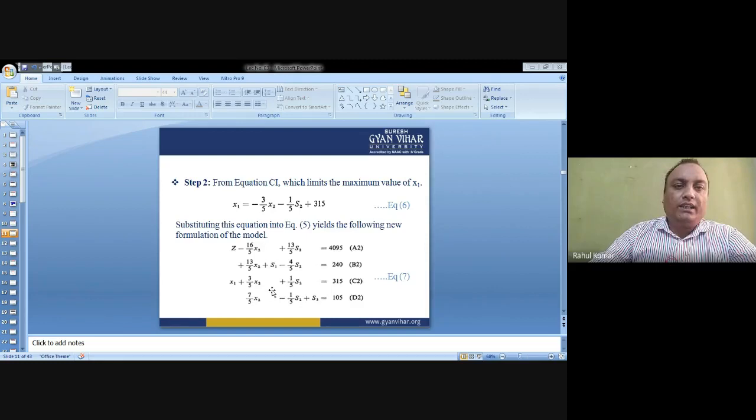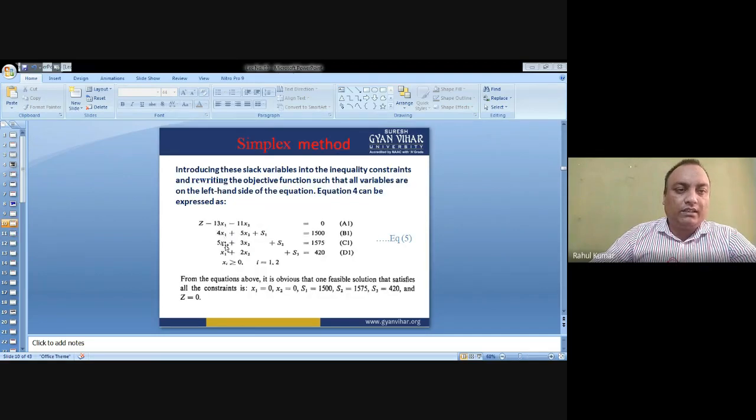Then move to step number 2. From this equation, which limits the maximum value of x1? Just take this equation, right?